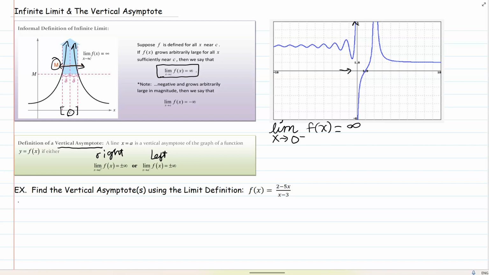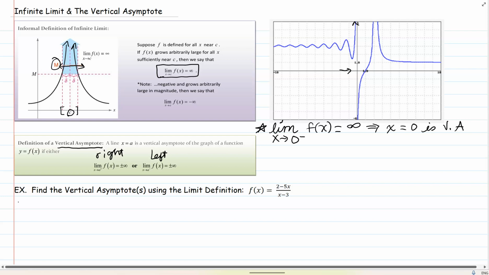So the limit as x goes to 0 from the left of f of x is infinity. Then we would say the line x equals 0 is a vertical asymptote. That's how we apply that definition.